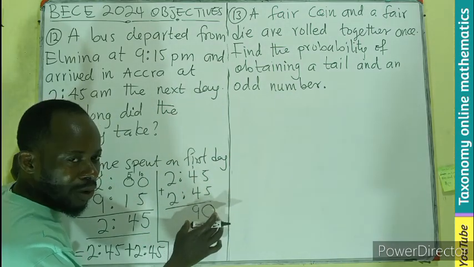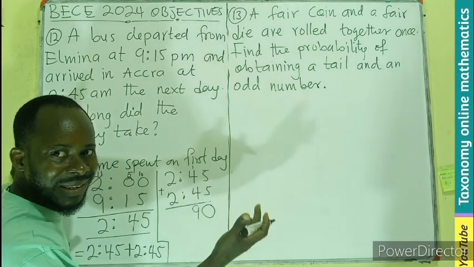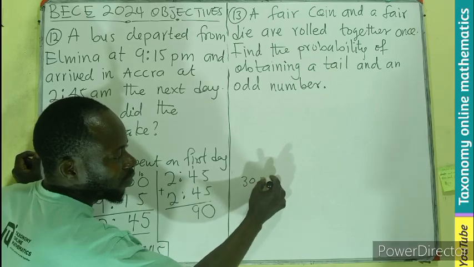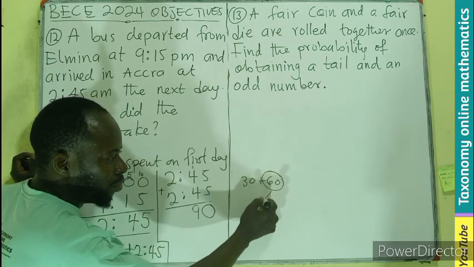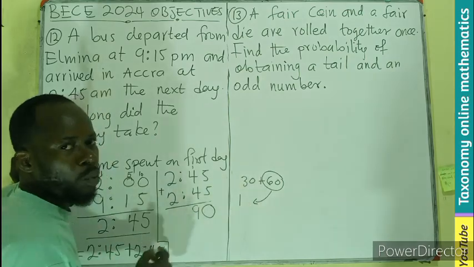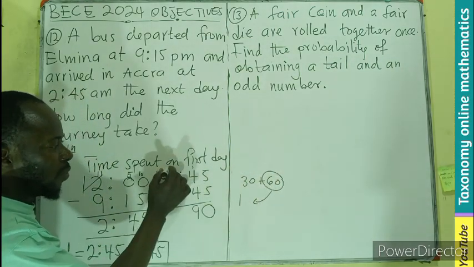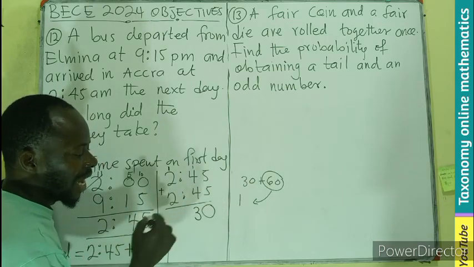90 minutes cannot be here. We need all here to be a minute, which will be in 60. So this is made up of 30 plus what? 60. And this 60 minutes moves into the hour to become 1. So I'll move it from here as 60 to become 1 hour in the hour column, and I'll be left with only 30.